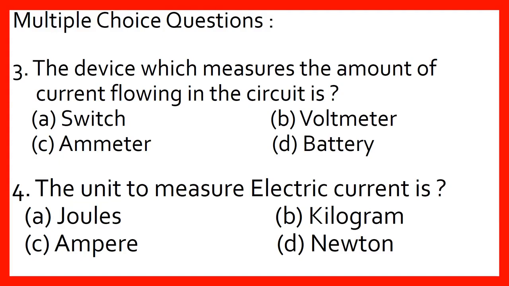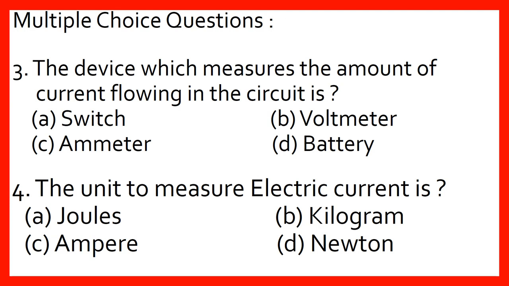Moving on to multiple choice questions. Question number 3. The device which measures the amount of current flowing in the circuit is option A, switch, option B, voltmeter, option C, ammeter, option D, battery.